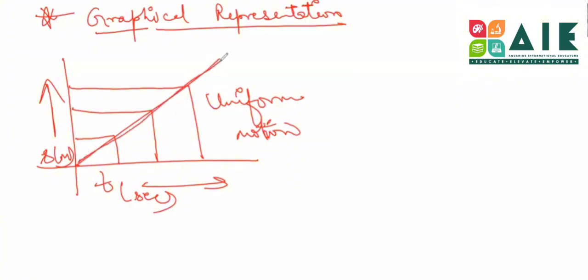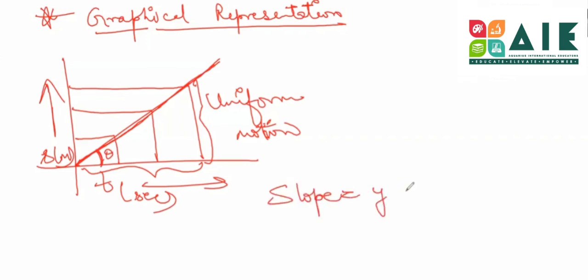If I take this line, this line is due to traveling y axis over x axis. This will give me the slope of this line, that is theta angle. So the slope of this graph is y2 minus y1 over x2 minus x1, or I should say this is tan theta.